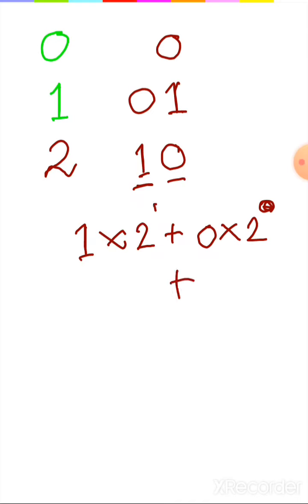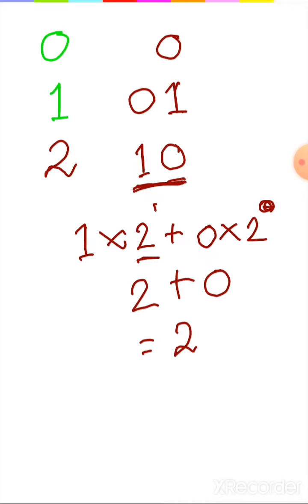So this will become 0 into 2 raised to power 0. 2 raised to power 0 is equal to 1, so 1 into 0 is equal to 0. 2 raised to power 1 is equal to 2, multiplied by 1 is equal to 2. So this will become 2. So here we see that 2 in binary is written as 10.